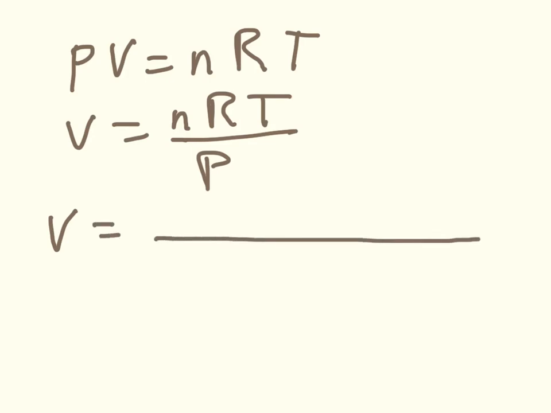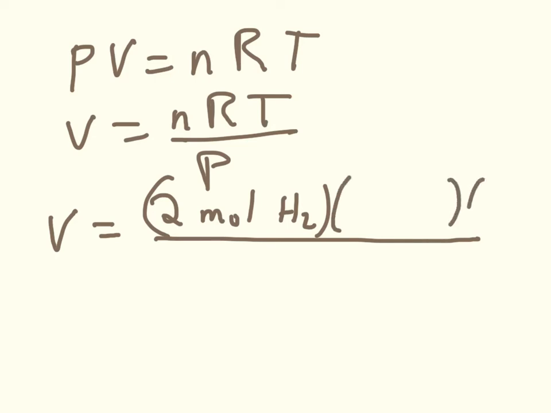Let's set up the rest of the equation before we put in R. We said we had 2 moles of H2. We're leaving R blank for now, and our temperature was 298 kelvins. And the pressure was given in atmospheres.